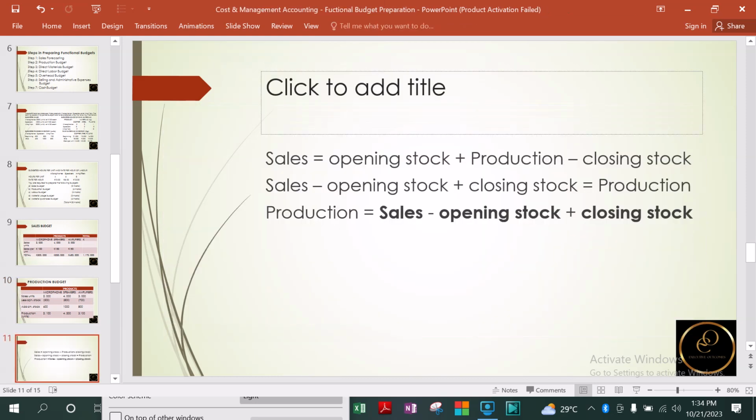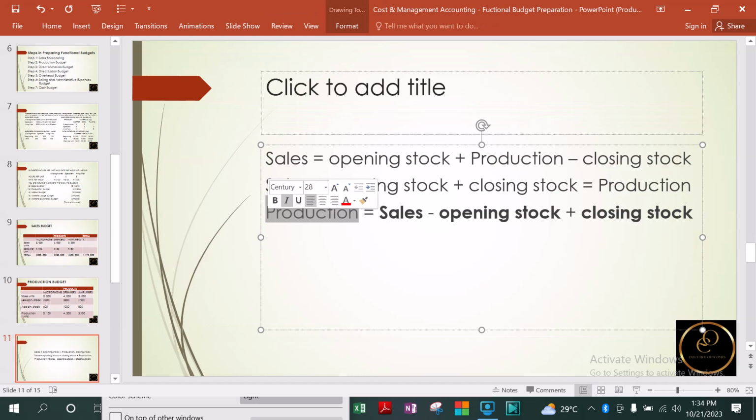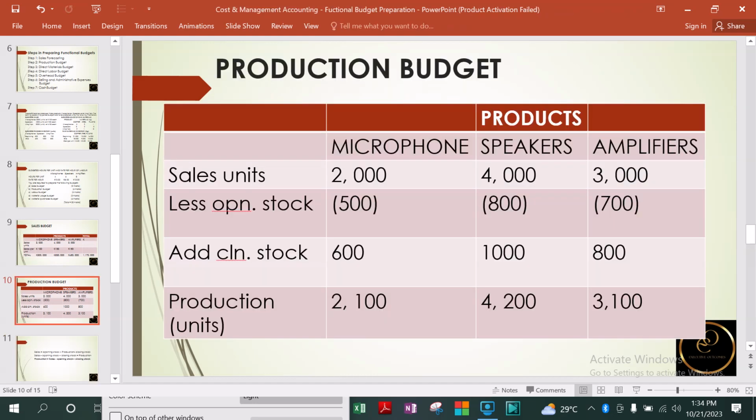So we are going to end up having production. That's the analogy.